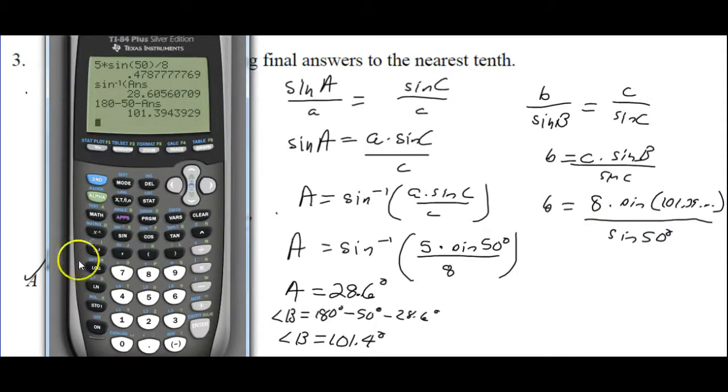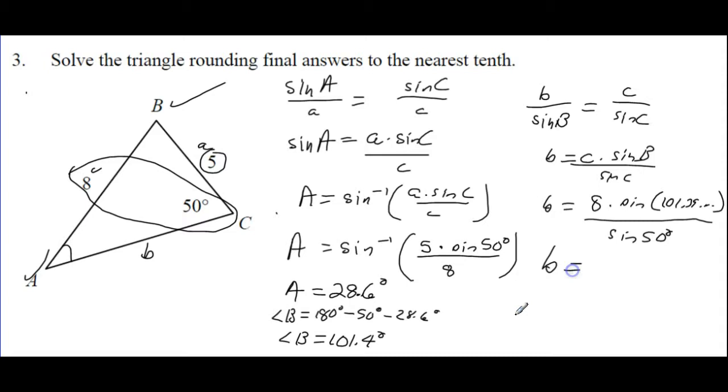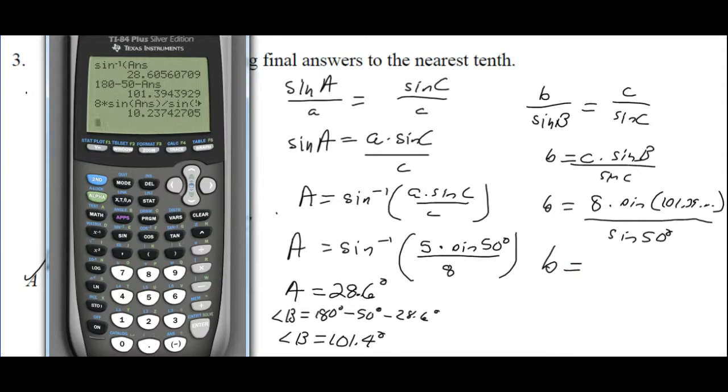So what's that going to look like in our calculator? That's the number we're going to use. So it's 8 times sine second function answer, that's going to bring in this number, divided by sine 50, enter, and little b is 10.2.